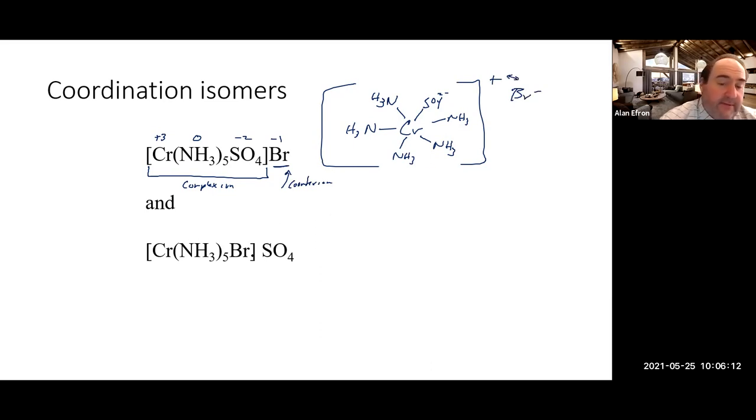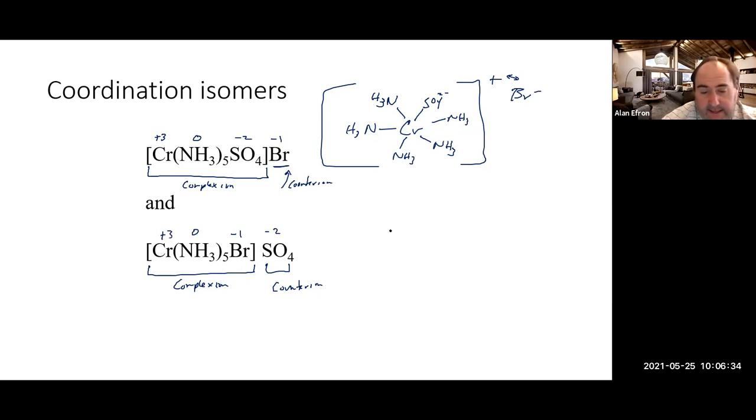Now, the difference between that one and the one down here is when we look at the complex ion part. In this complex ion, there is no sulfate that's part of it. Sulfate actually is the counter ion in this case. When we look at the charge here, -1 and -2, this is still +3.